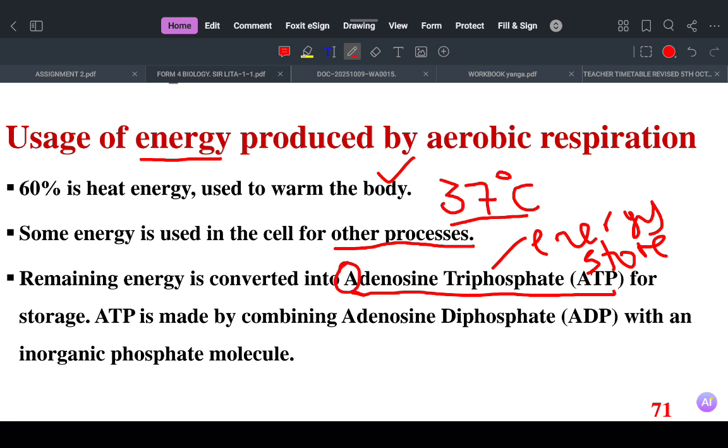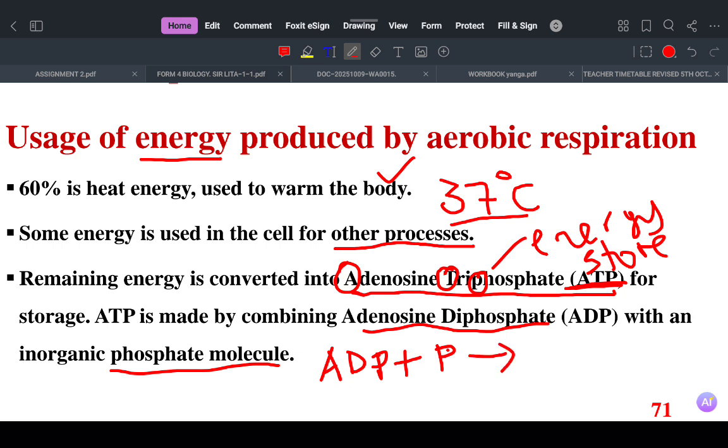The A, the T, and the P are used to form this ATP. Alright, so ATP is made by combining adenosine diphosphate, ADP, with a phosphate molecule. Alright, so we are saying that ADP, adenosine diphosphate, which is also an energy molecule, combines with a phosphate to form ATP.